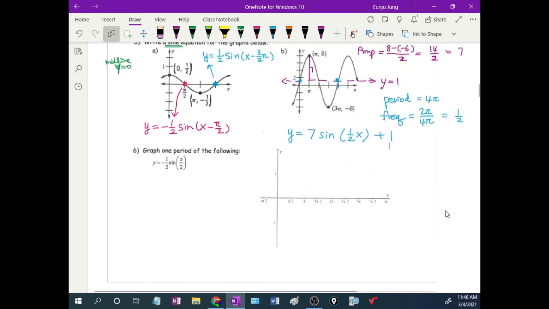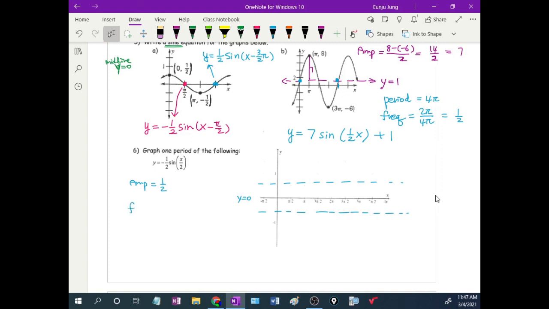Next one, number 6. Can you graph this? What is amplitude? Amplitude is 1/2, a positive number. So between 1/2 and -1/2 we have the graph, because there is no vertical shift. We will use y equals 0 as the midline, going up and down.